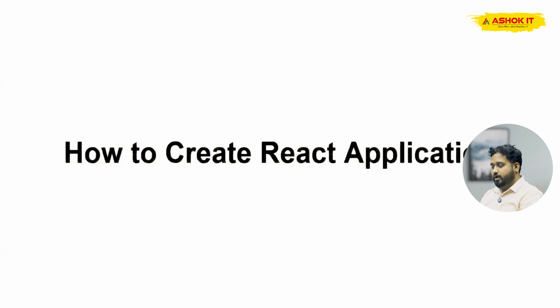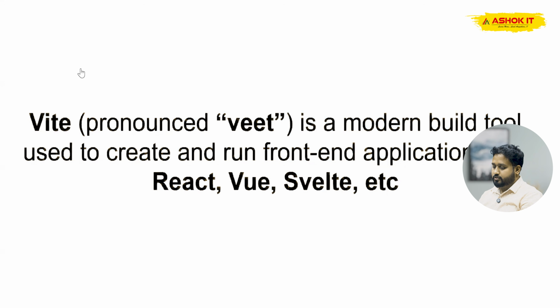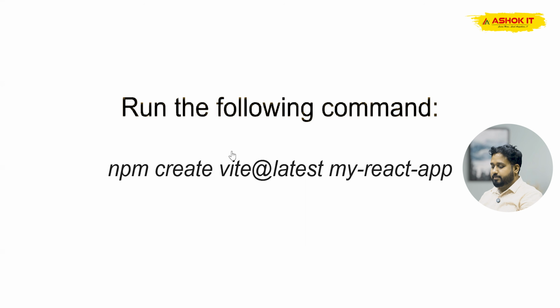So let's understand how to create a React application with the help of the Vite tool. Generally we write it as V-I-T-E, but we have to pronounce it like "veet". So Vite is a modern build tool used to create and run front-end applications like React application, Vue application, etc. To get this Vite tool, we have to make sure that Node.js is installed in our system.